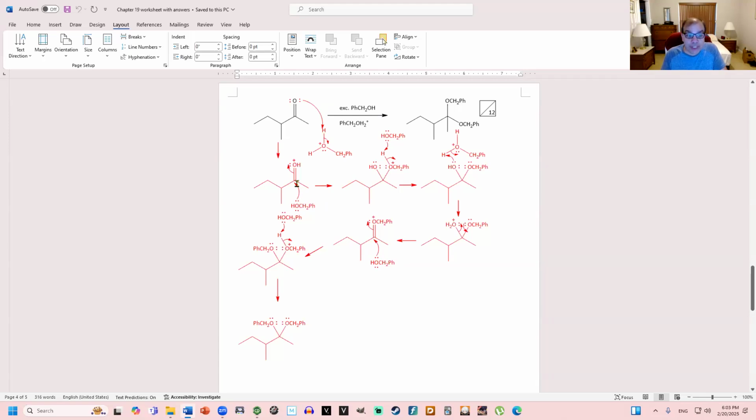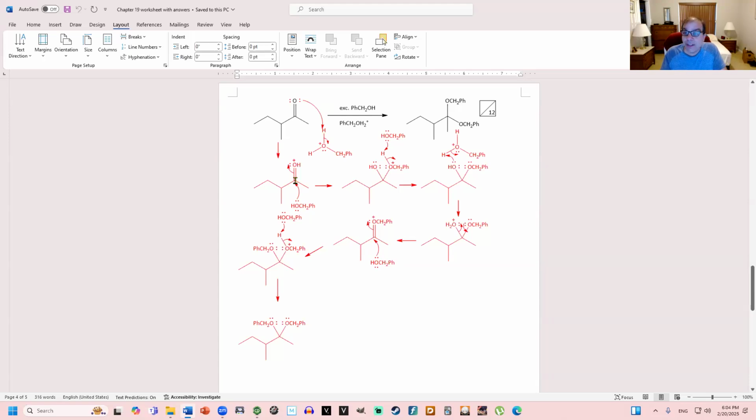So benzyl alcohol itself attacks that carbonyl carbon. Do not be afraid to do so because the H is there. We'll take care of the H later. So use the benzyl alcohol molecule. In this case, it's benzyl alcohol. It's going to be some kind of alcohol, but just use whatever alcohol you're given.